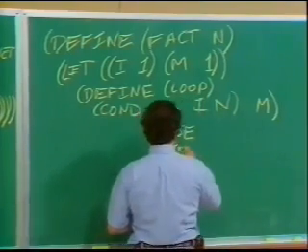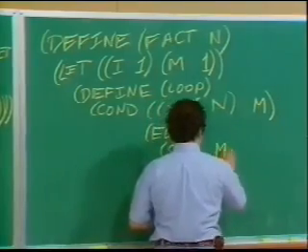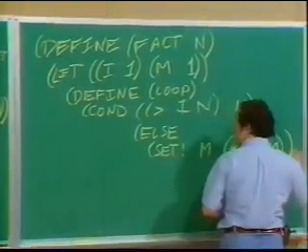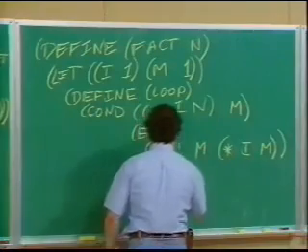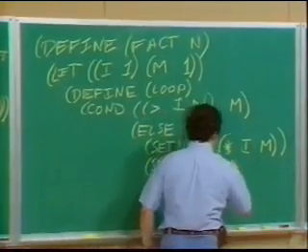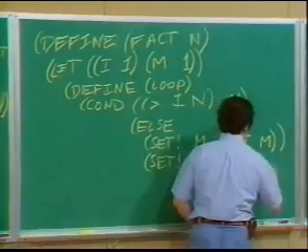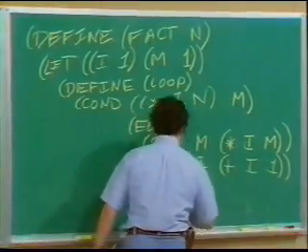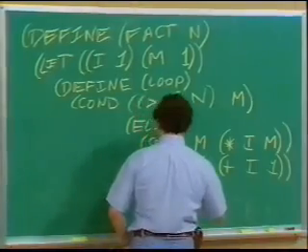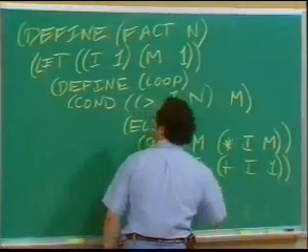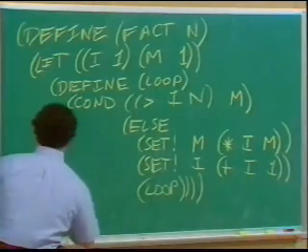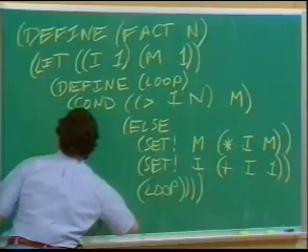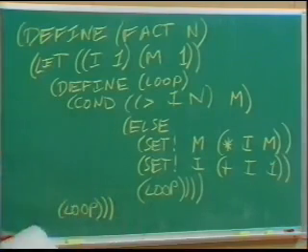I'm going to set m to the product of i and m. Set i to the sum of i and 1. And go around the loop again. Looks very familiar to you Fortran programmers. Else, cond, define. Funny syntax, though. Start the loop up. Okay, and that's the program.